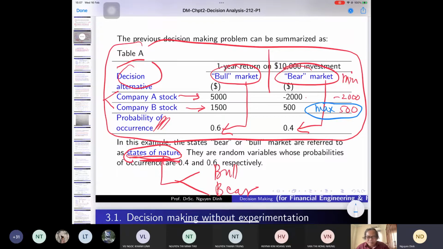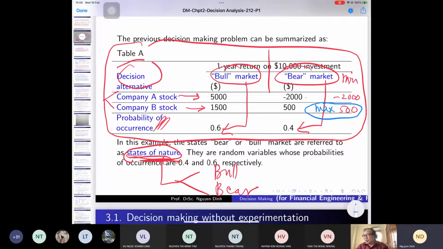You take the min of the rows, which means you consider the worst case. If you invest in A, the worst case you lose 2,000. If you invest in company B, the worst case you get 500. And among the worst, you choose the best among the worst. The two worst cases: one case you lose 2,000, one case you get 500. So you choose the best among the worst.